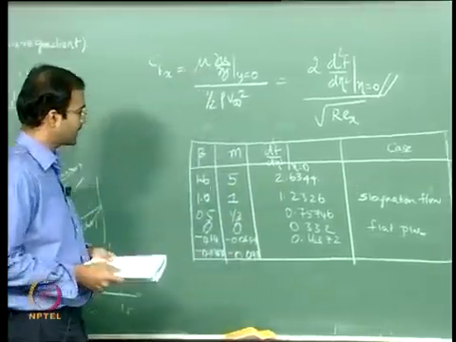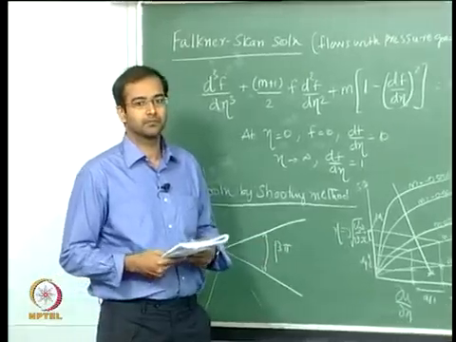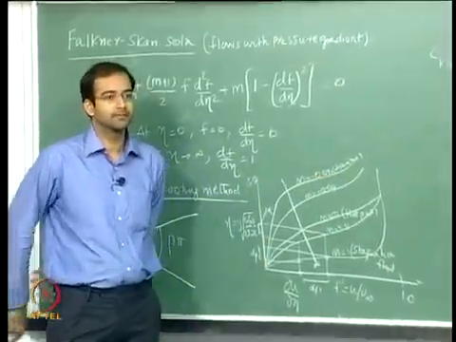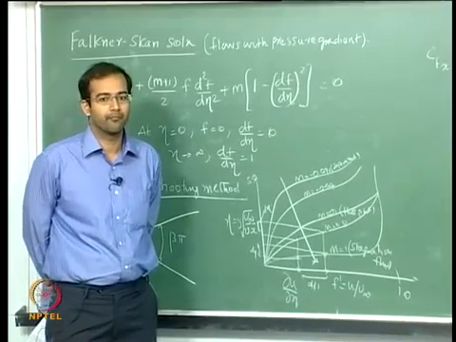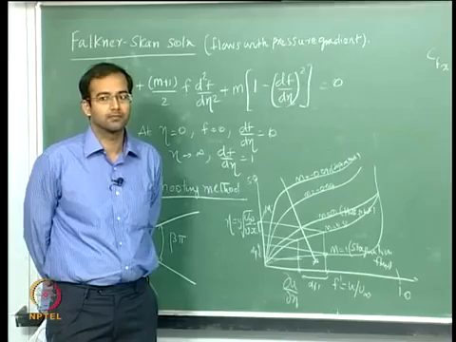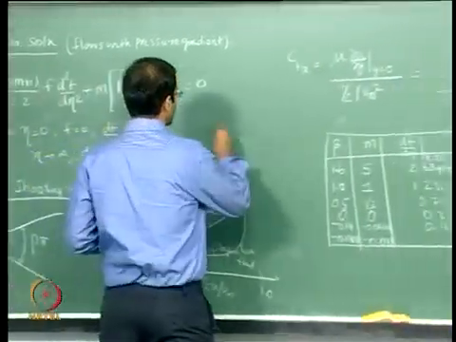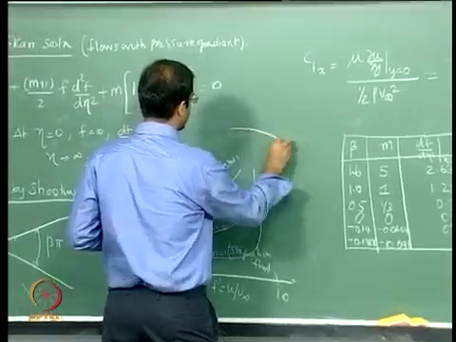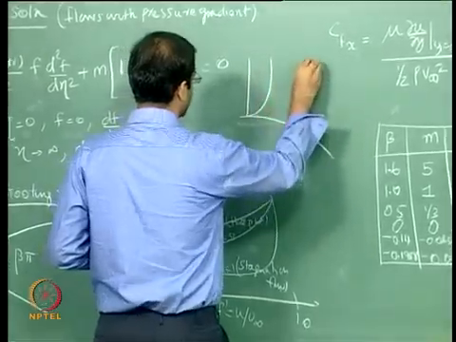So what do you think will be the curvature for this? This is a separated flow. At the point of separation, what is the slope? What will be du by dy for separated flow? Suppose you have a gradient like this, and here you plot, you have profiles like these.